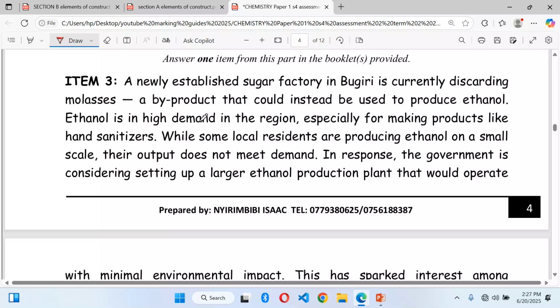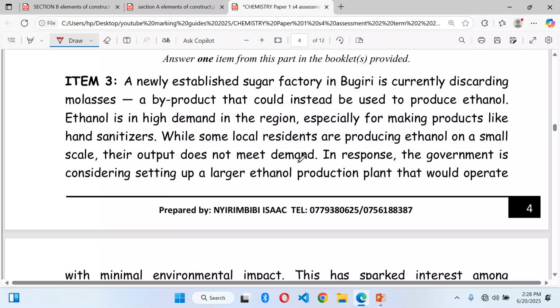Ethanol is in high demand in the region, especially for making products like hand sanitizers, while some local residents are producing ethanol on a small scale. Their output does not meet the demand. So there are some people who are producing ethanol on a small scale, but their output is not very good.